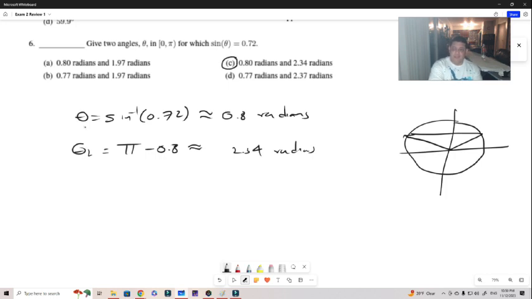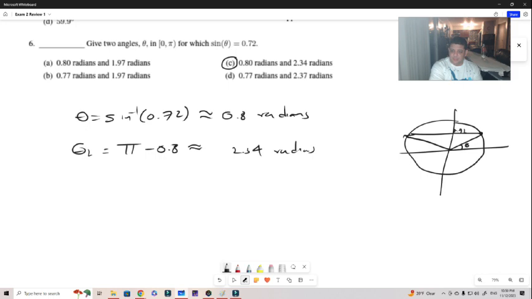Remember that we are in the unit circle, and on the unit circle, sine is y, so that's why I'm taking the height in y. Being 0.72 means that the height is 0.72, and this gets me this point in the unit circle.